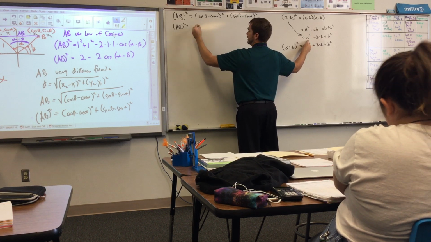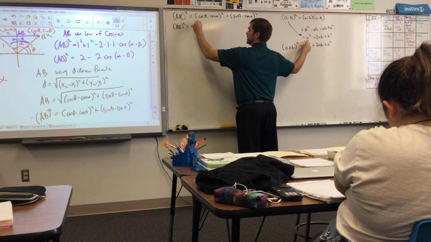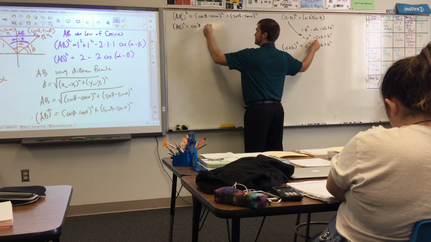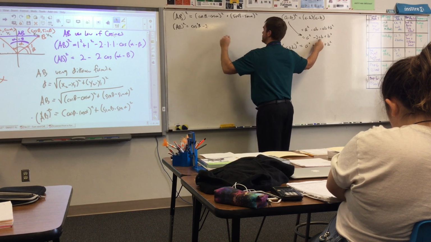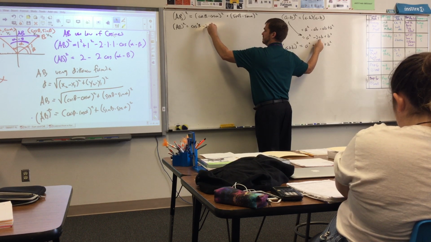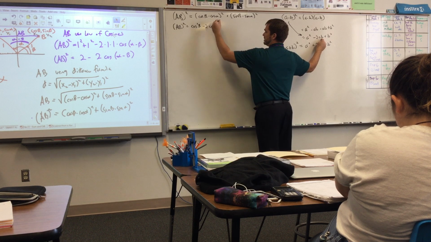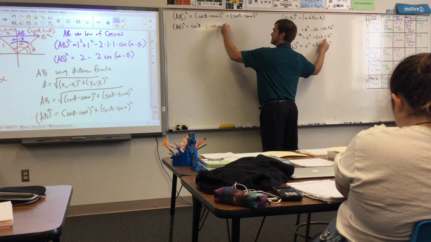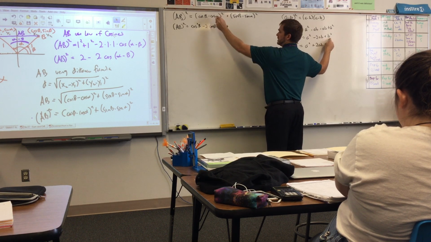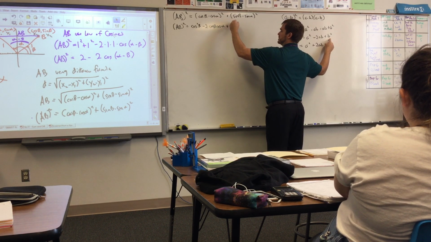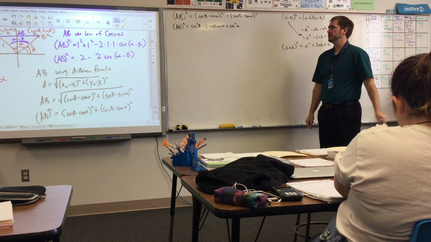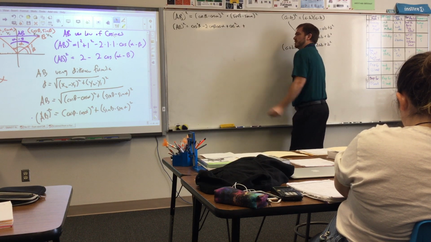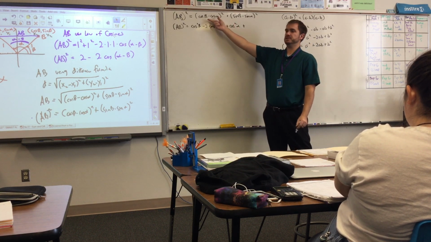The first thing squared, so I'll write that as cosine squared beta, minus 2 times the first thing, so that's cosine beta, times the second thing, cosine alpha, plus the second thing squared, so cosine squared alpha. That takes care of the first expansion.